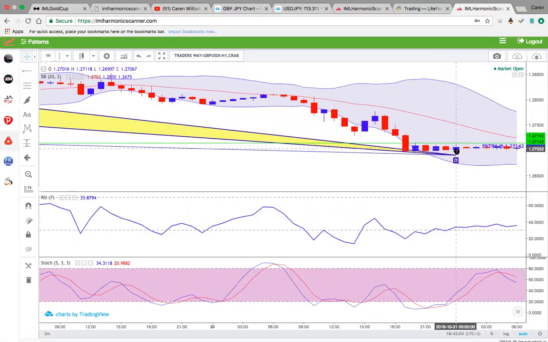The RSI is not touching the oversold, neither is the stochastic. But let's go back here.